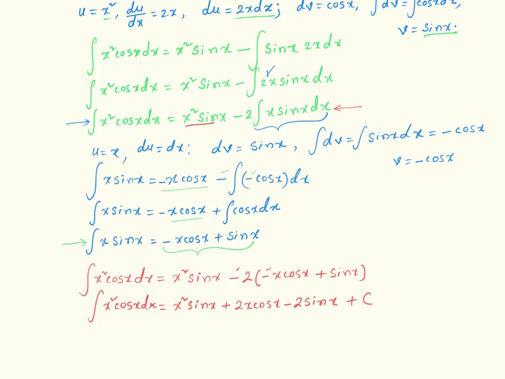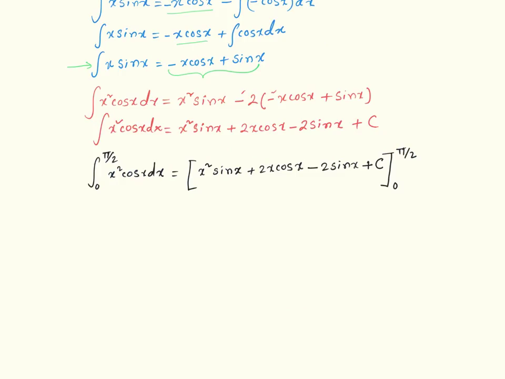Now I need to evaluate it from 0 to pi over 2. If I do the evaluation, this is what I should get. Just keep in mind this constant is going to actually go away because we are going to be subtracting c and adding c, so that doesn't matter really. So we need to evaluate it from 0 to pi over 2.